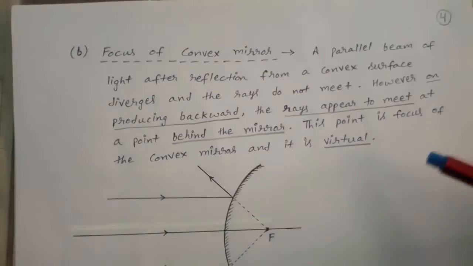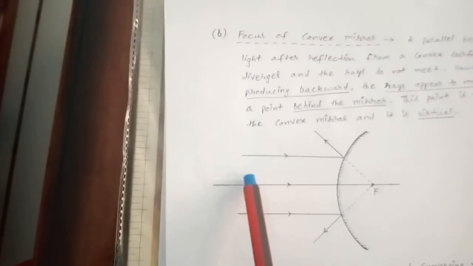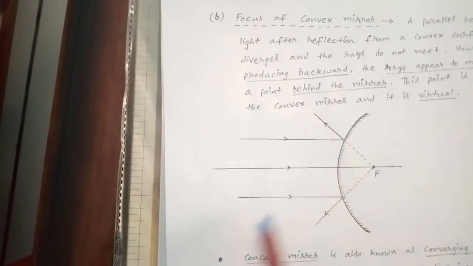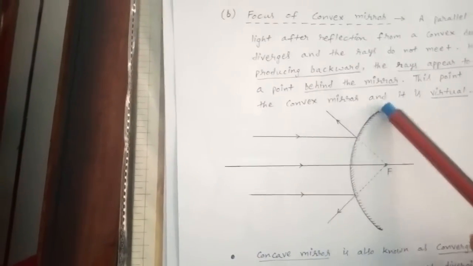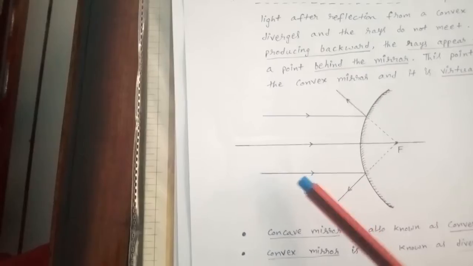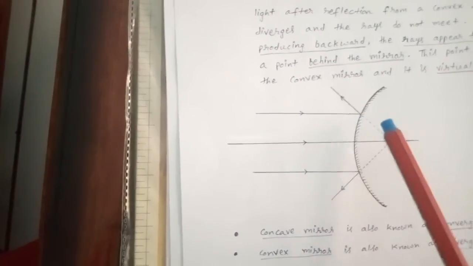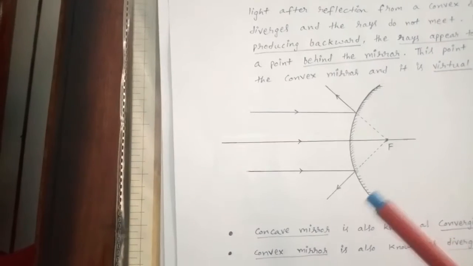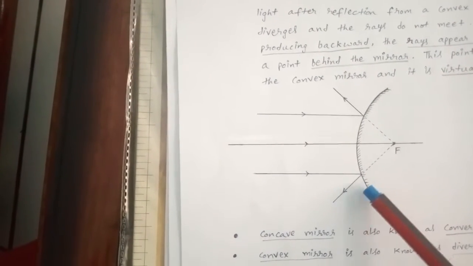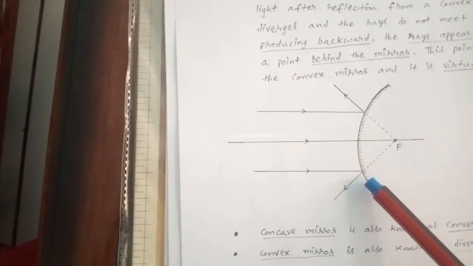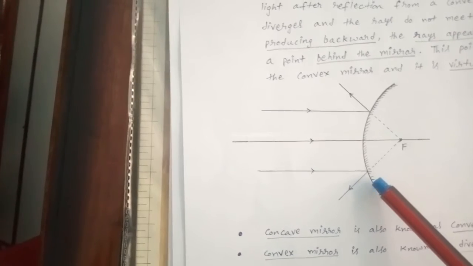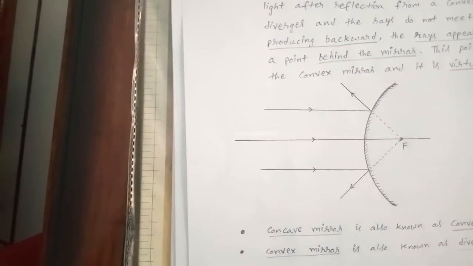Students, when the rays of light coming from infinity strike the convex part of a convex mirror, then this mirror diverges the rays of light. That means it reflects them away from the center of the mirror.